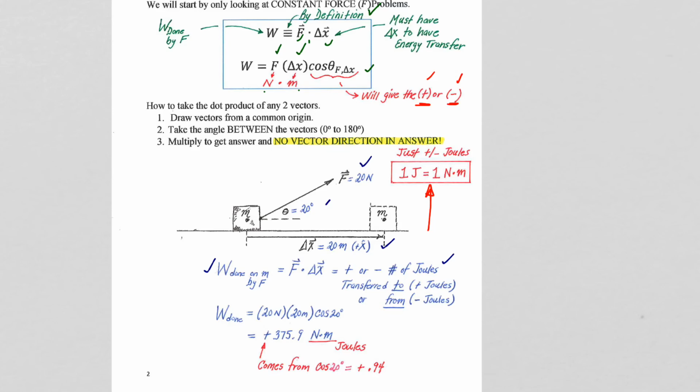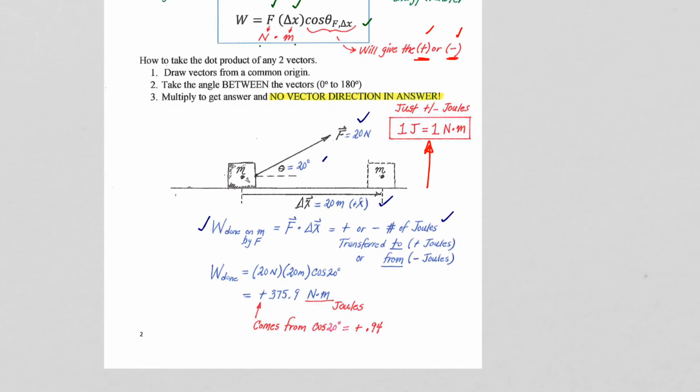So how is this force transferring energy? Some of the 20 newton force is actually pulling the box to the right. It's the F cosine theta part of the 20 newtons that is pulling to the right.